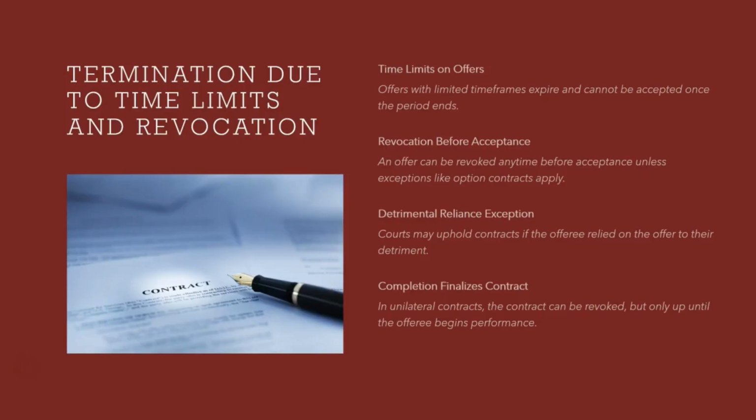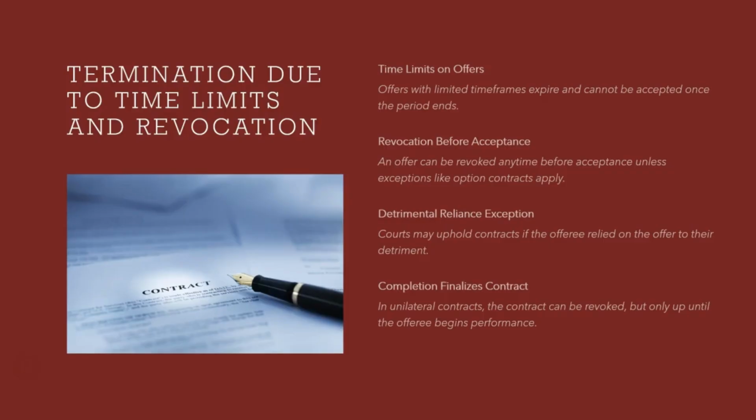And the completion of a unilateral contract, the completion finalizes a contract. As I pointed out, that's just one of those interesting anomalies about unilateral contracts. But that is only up until the offeree begins performance. So, back again to a situation.